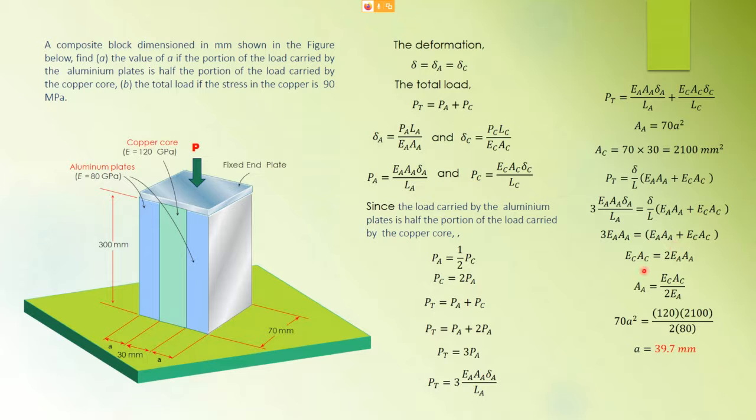So now we know that ECAC is equal to twice of EAAA.